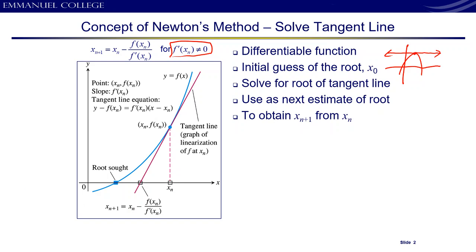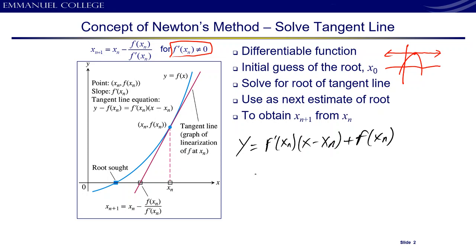And if you're wondering, how do you get this formula? Remember, it comes from the linearization or the equation of the tangent line. So we have y equals f prime of xn times x minus xn plus f of xn. So that's your equation.